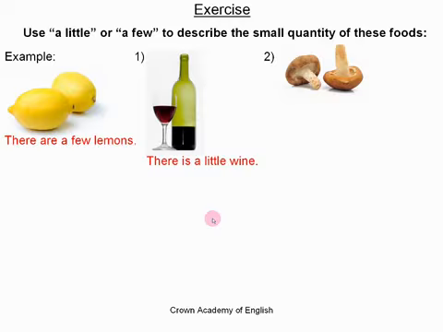Question 2. And the answer is there are a few mushrooms. So mushroom is countable, so we use the expression a few. We put mushroom in the plural with an S and the verb in the plural.